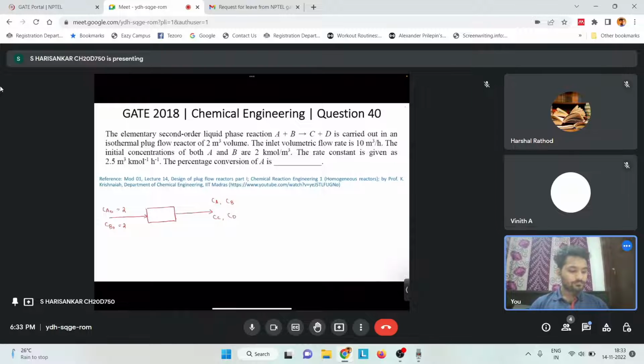The flow rate nu is given as 10 meter cube per hour, and the volume of the reactor V is 2 meter cube. Using these data, we need to find the percentage conversion, which is XA in percentage.